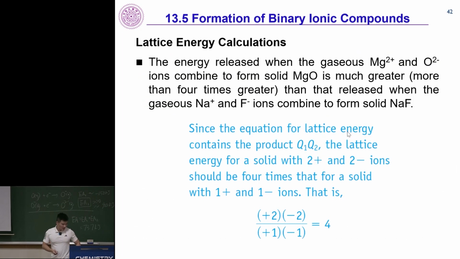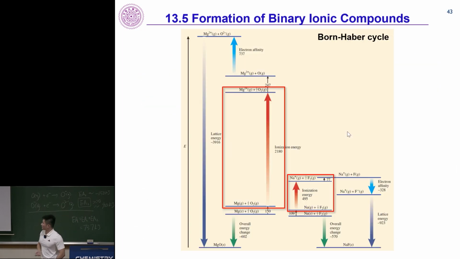Hence, if on your homework or on your exam, you happen to write down the electron affinity, make sure it's going to be positive, right? Because the first electron affinity of oxygen is negative, but the second electron affinity of oxygen is very positive. Hence, this number is 737 plus, not minus.